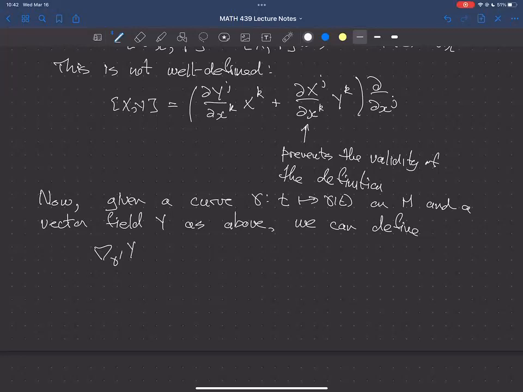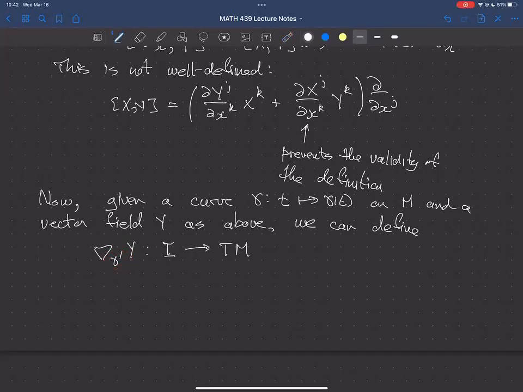Okay, and so gamma prime consists of the tangent vector field along the curve gamma, and so you can just imagine what we're going to do is at every time t, we're going to apply the construction that we just gave. Okay, and then what kind of an object do you get back? Well, what you get back is a vector field. So at every time t, this thing gives you a tangent vector at gamma of t.